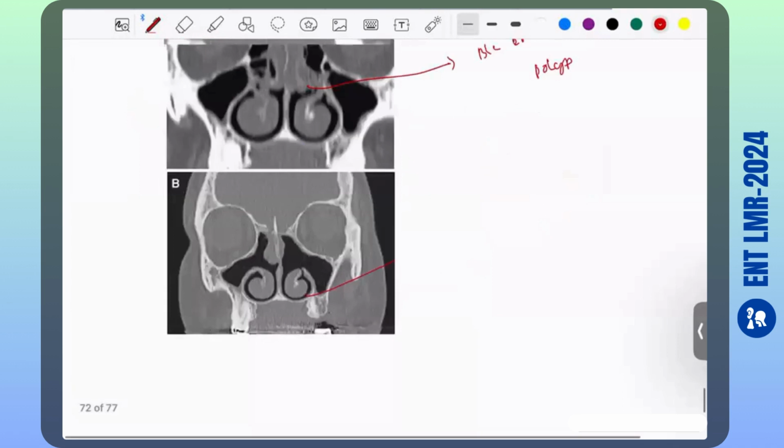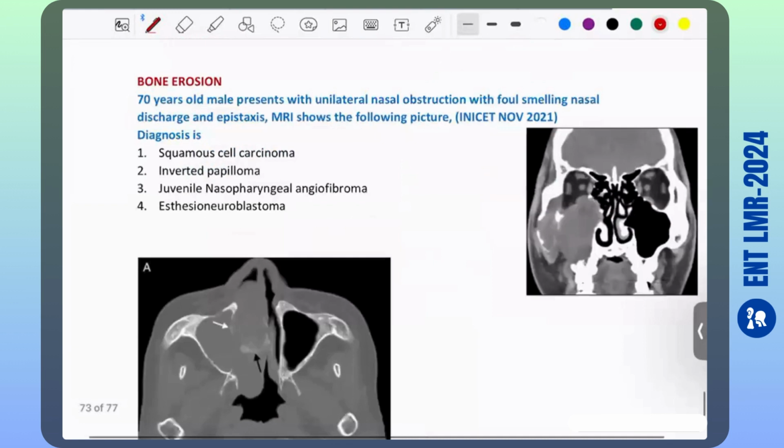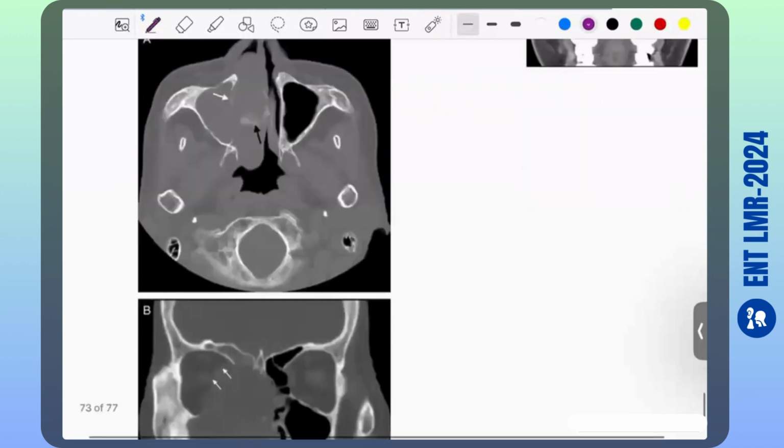After doing surgery, all polyp is removed. Okay. Some can cause bone erosion. Okay. 70 years male, unilateral nasal obstruction, foul smelling discharge. With this finding, you could think of inverted papilloma.